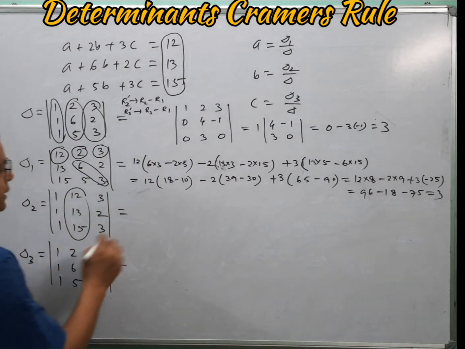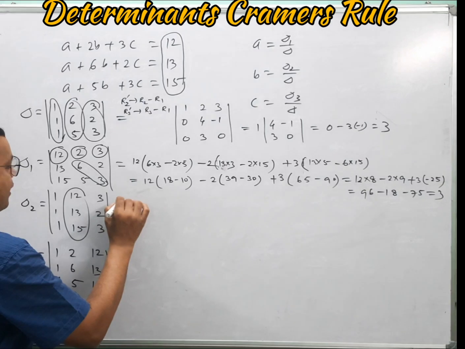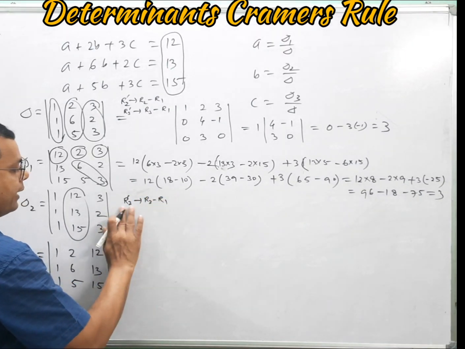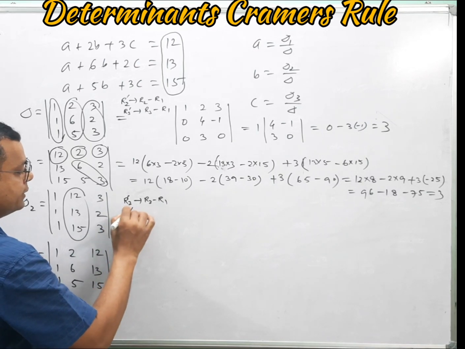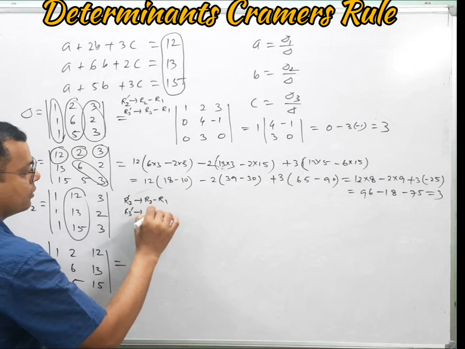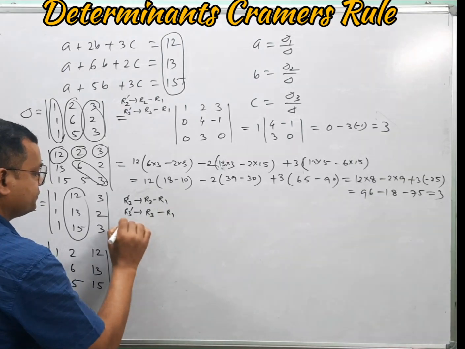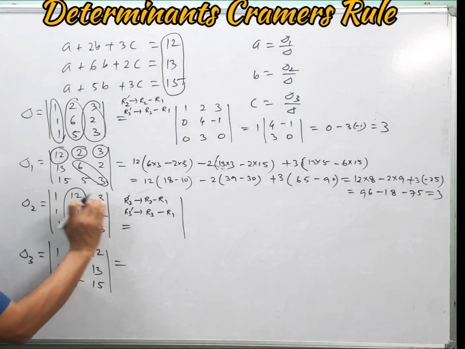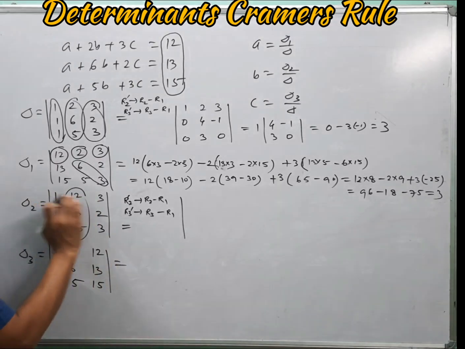Next is delta 2. Delta 2 again I can apply what? R2 goes to R2 minus R1, and we can do another thing, R3 goes to R3 minus R1. So if I do so, what are you getting? See, second row subtracted by first, third row subtracted by first row.